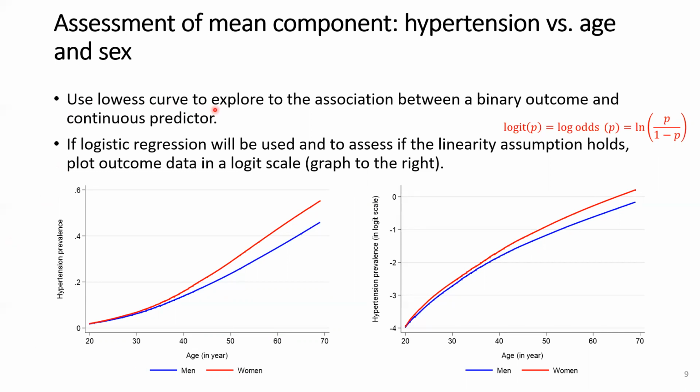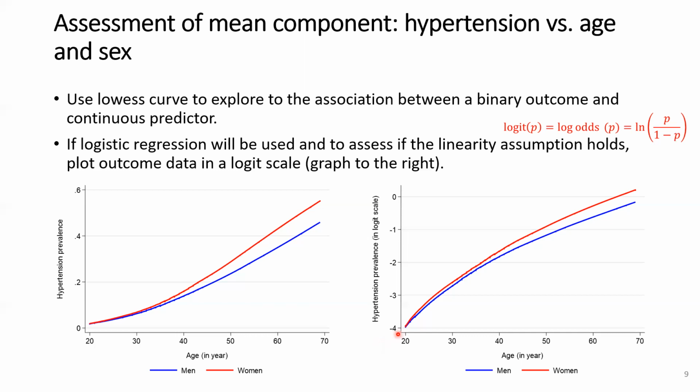When we use logistic regression, it's usually recommended to use the logit scale on the y-axis, because this is how we model. We don't model the outcome directly as an equation of predictors, but we model the logit, or log odds, of probability attached to a linear combination of coefficients.